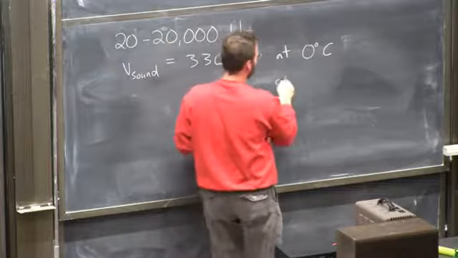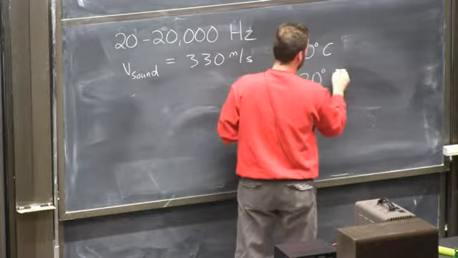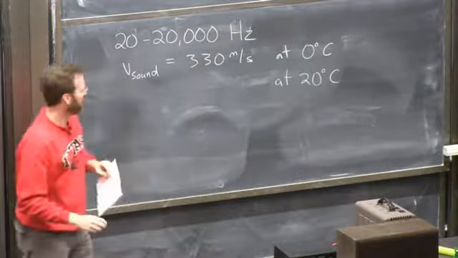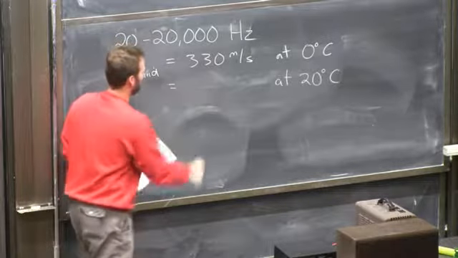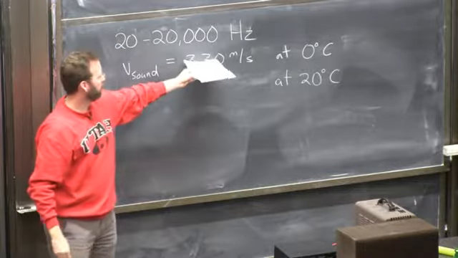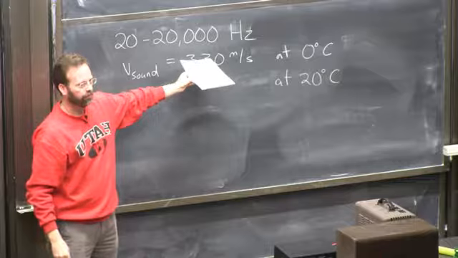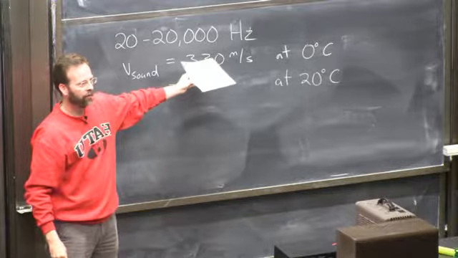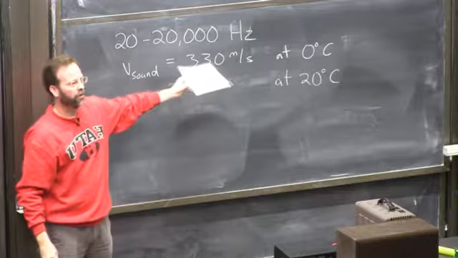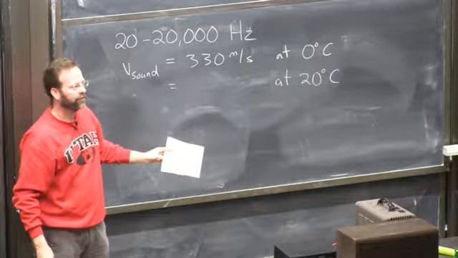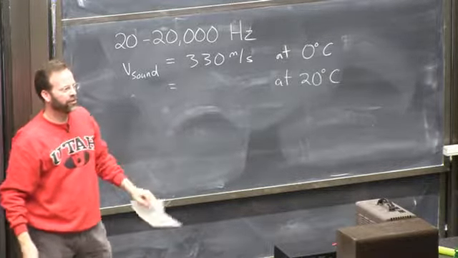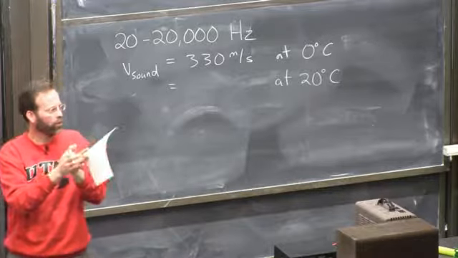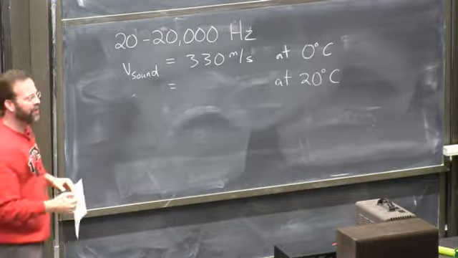Let's look at room temperature, because that's what we usually deal with. Room temperature is around 20 degrees, and this is in your book if you forget. Should this go up or down? It's hotter now. Will it go faster or slower? You guys just answered this when I said we took warm air and it expanded.